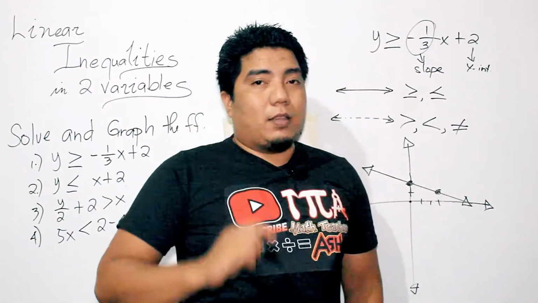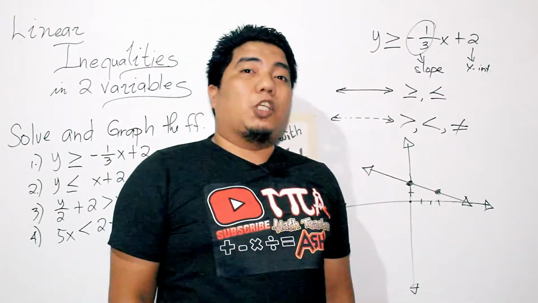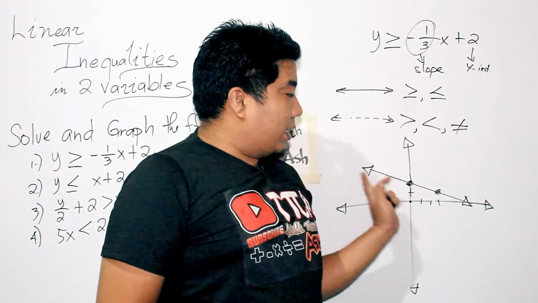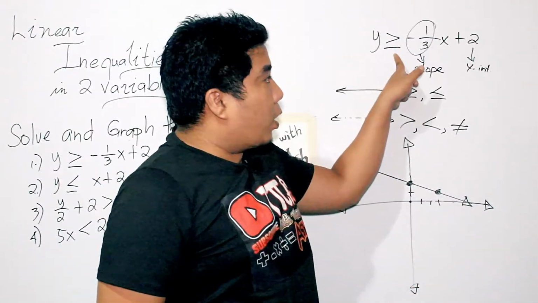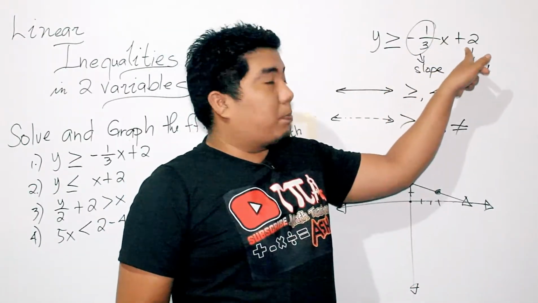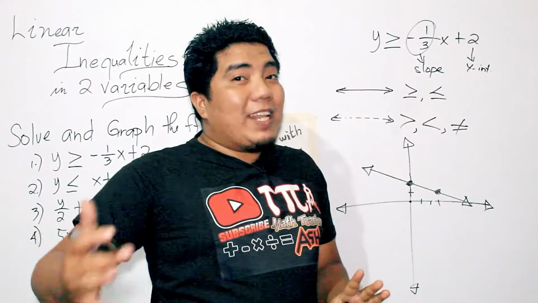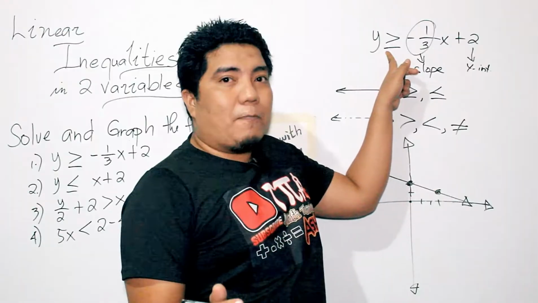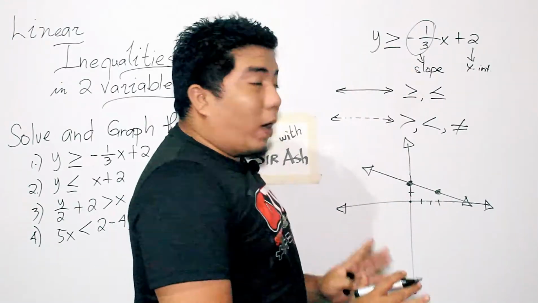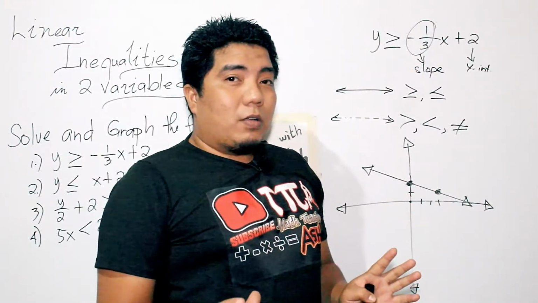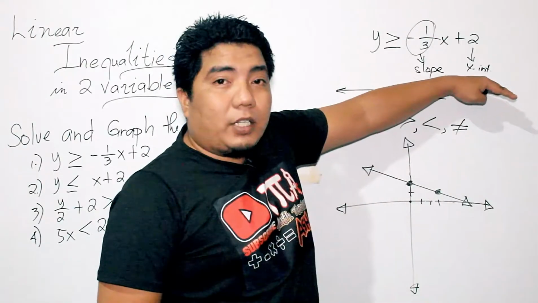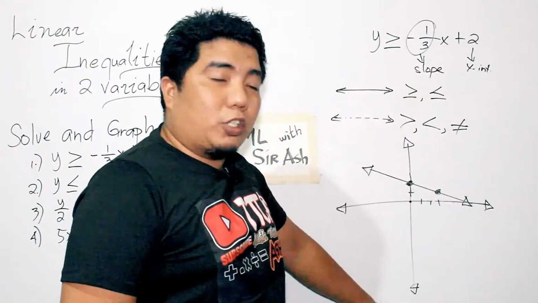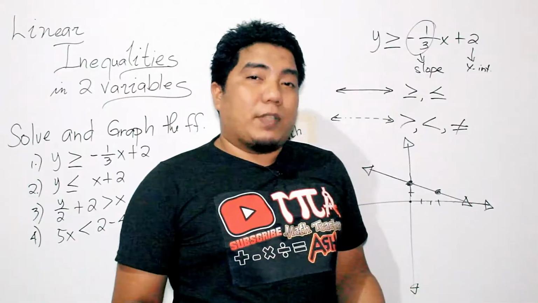This is the one, but this is not yet finished. Why? Because this is for y is equal to -1/3 x plus 2. That is for a linear equation. This is a linear inequality. Therefore, I will be getting a region, whether it is the upward region or the downward region of this graph, that will be part of the solution.